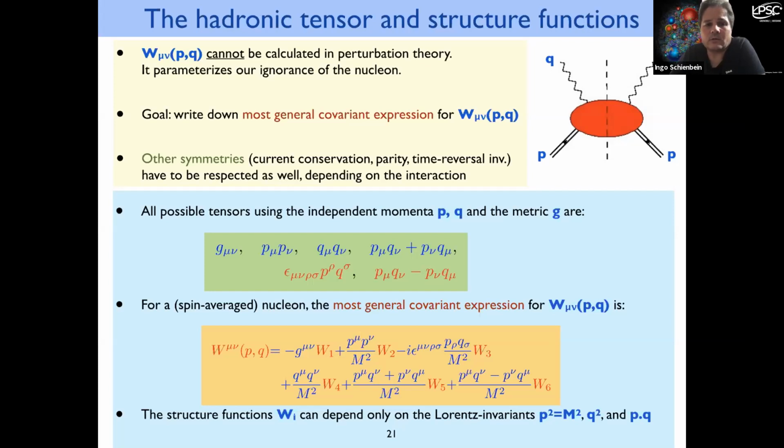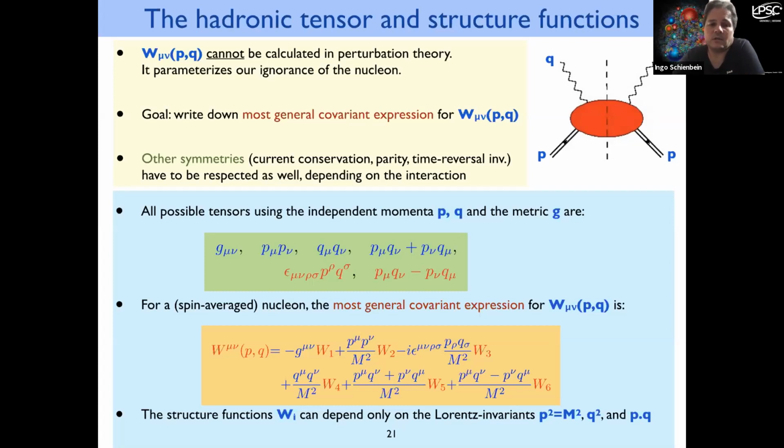So how do we do this? Our available quantities are the metric, then the 4-momentum of the nucleon, P, and q, the 4-momentum of the exchange boson. And then in the green box, you can write down all possible tensors of rank 2 which you can form out of these quantities.